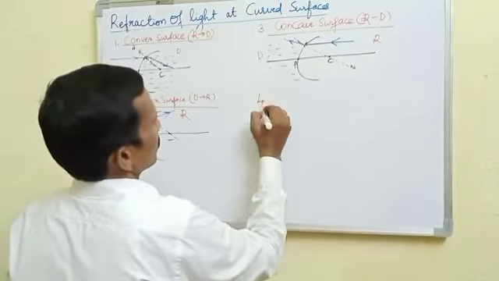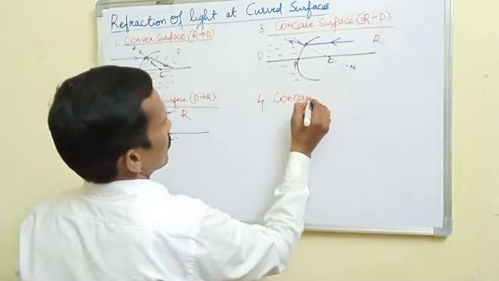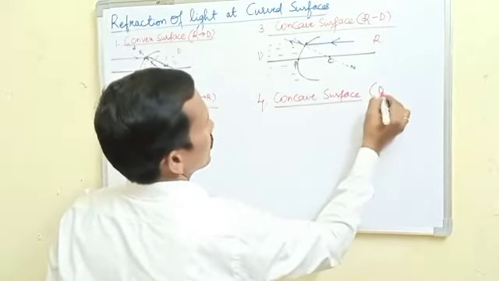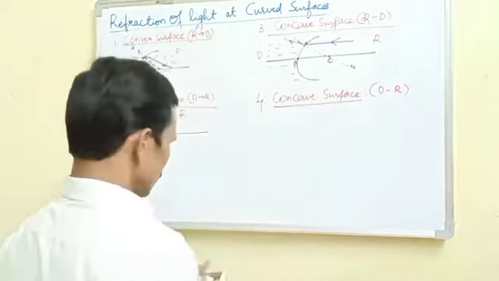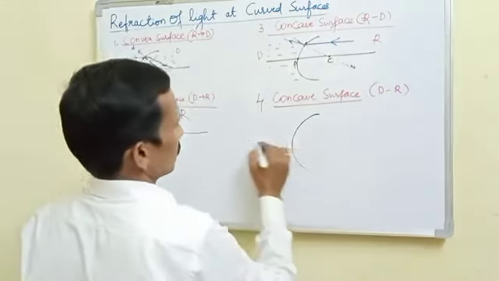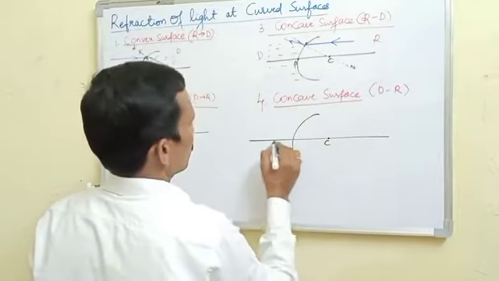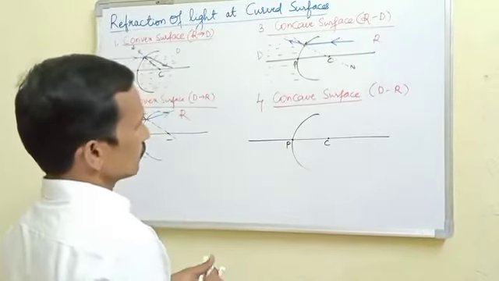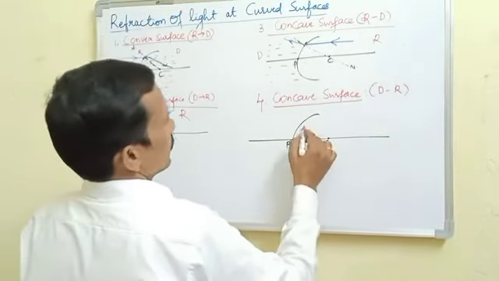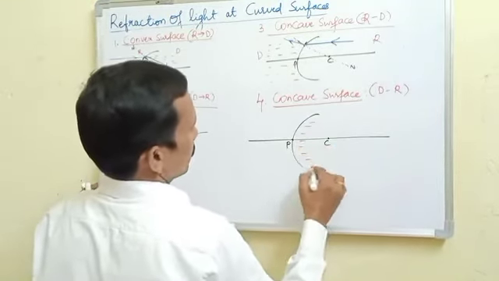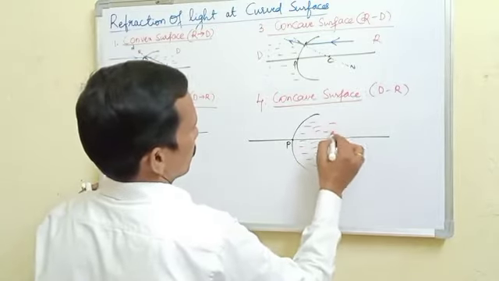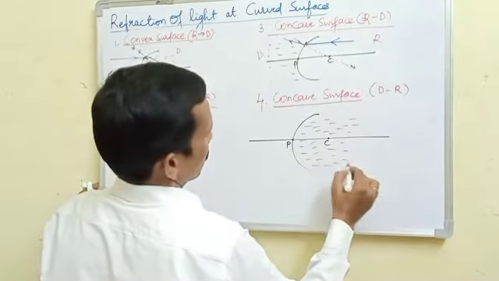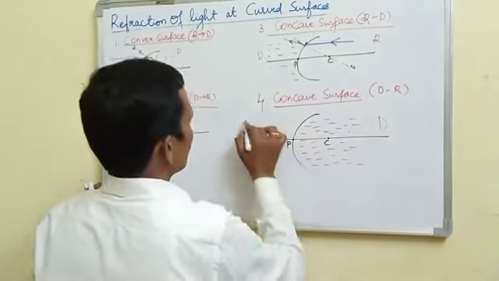And next case, concave surface, now denser to rarer. This is the pole of the curve. It is the denser medium, and it is the rarer medium.